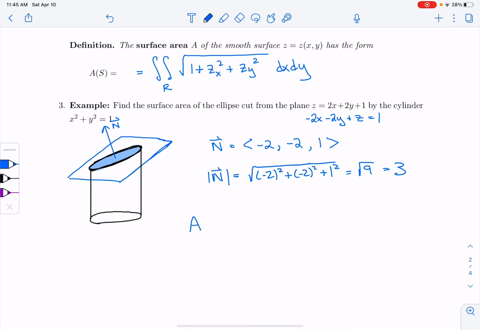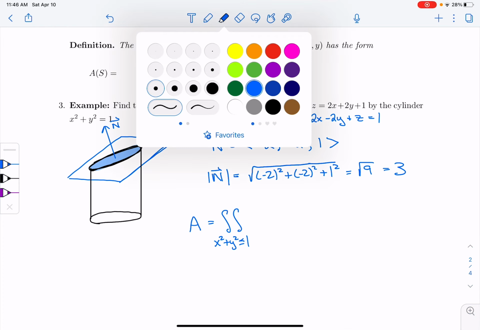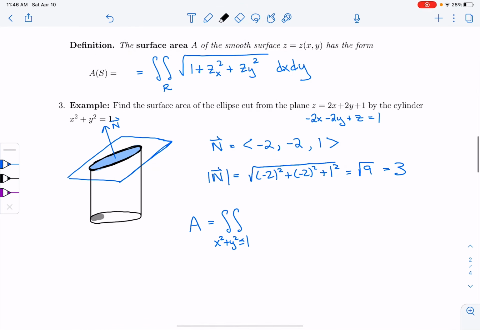The area is the double integral over the region x squared plus y squared less than or equal to 1, of the function 3 dx dy.